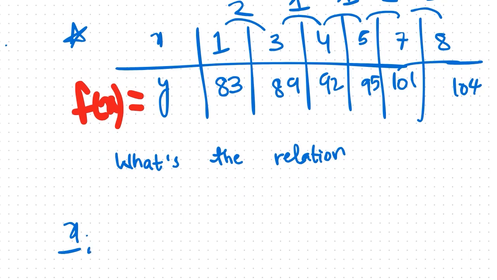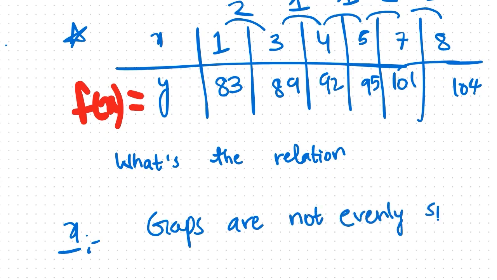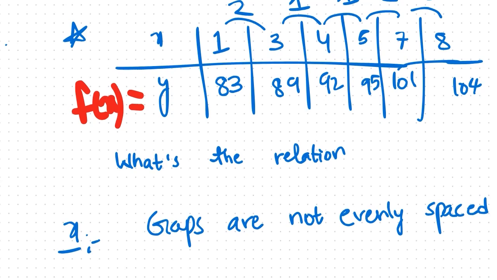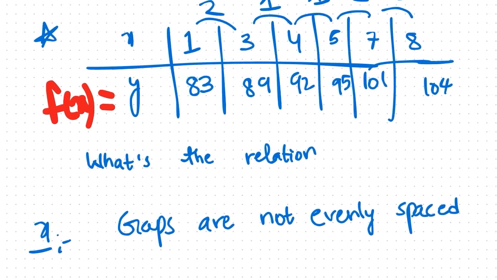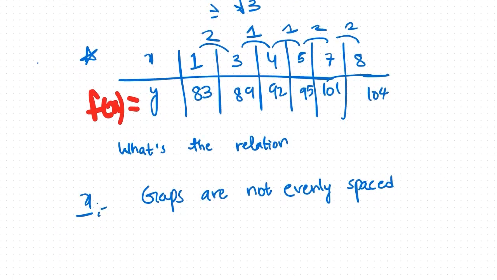So with x, the gaps are not evenly spaced. Try to understand this: what we are going to do is consider only those which are evenly spaced.